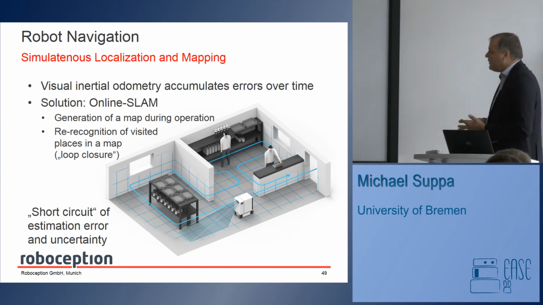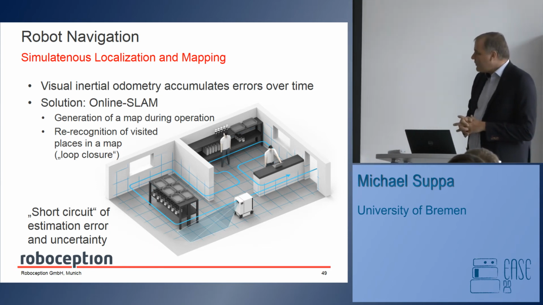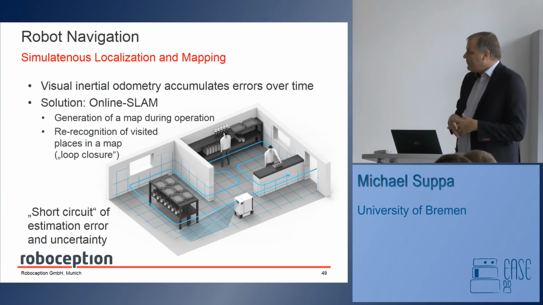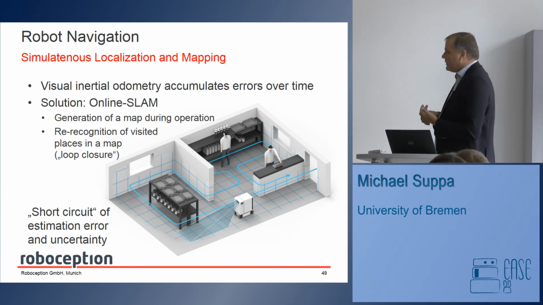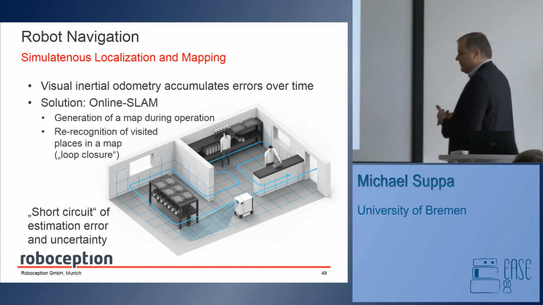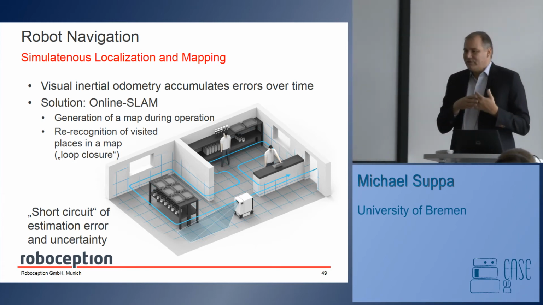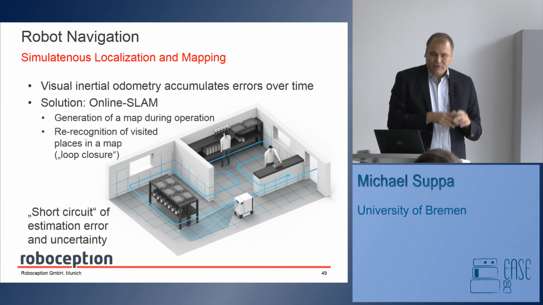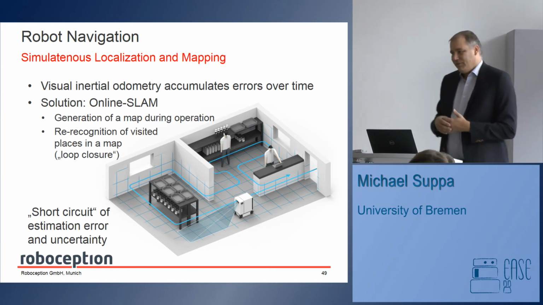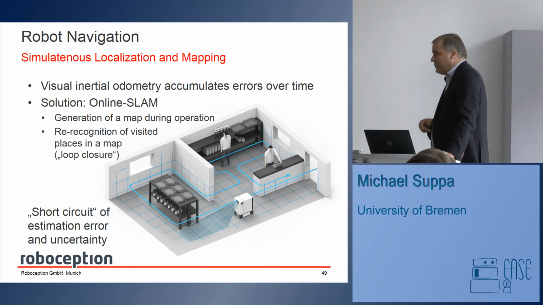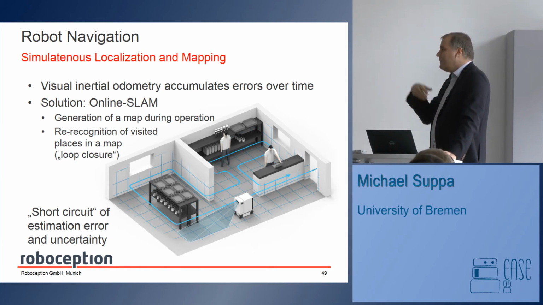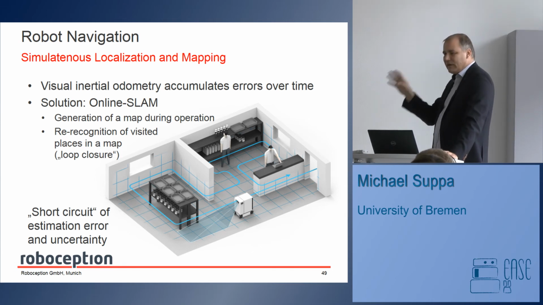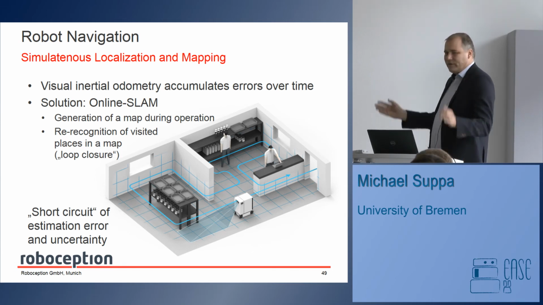For that reason, we have an online SLAM on board our sensor, so you can generate a map during the operation, and the main purpose of the SLAM is to reduce drift. It's not the main purpose to create a map, but to reduce the drift of the navigation. So whenever you go back to a place or you recognize a place again, the drift goes to 0.